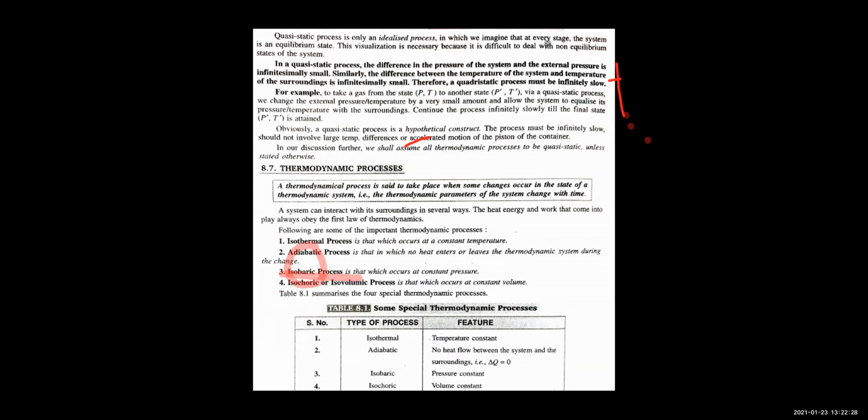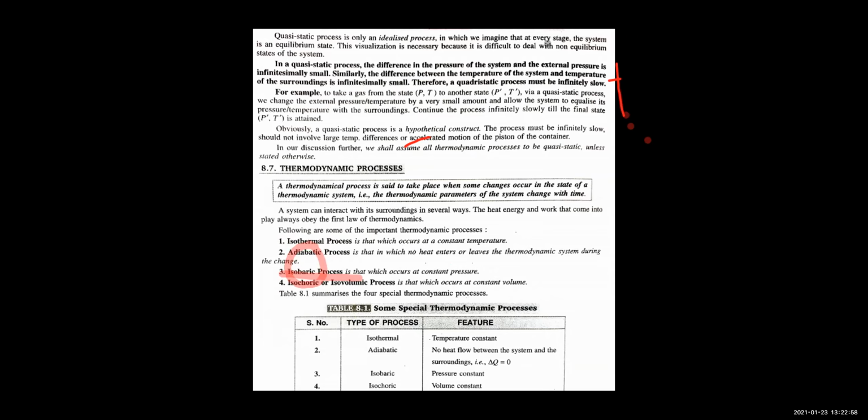So you can define isobaric process as the process in which the pressure of the system remains constant. So it is a thermodynamical process which occurs at constant pressure.